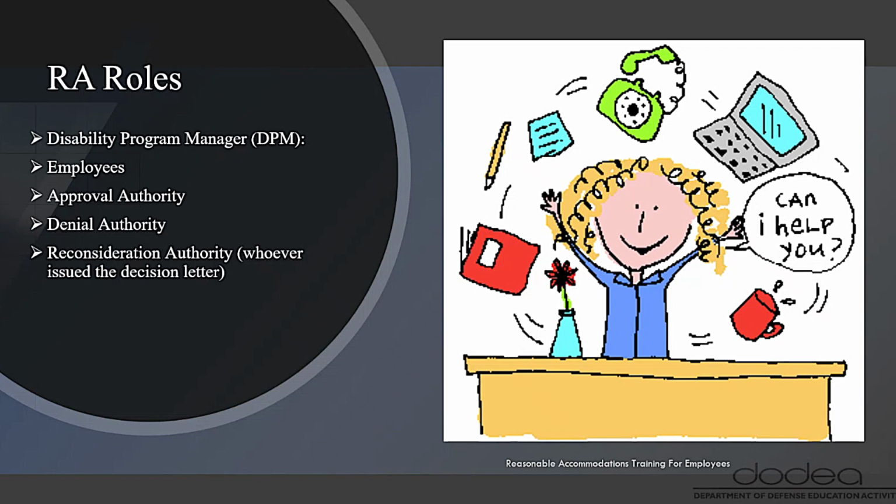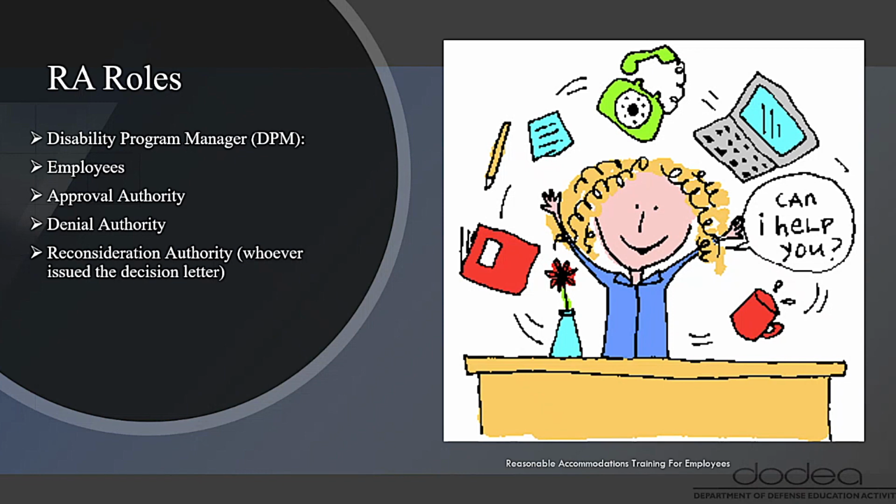They're also going to meet with your supervisor and give them a little bit of pre-meeting feedback in terms of ideas, in terms of what they may be able to offer you, right? Then after that pre-meeting, that's when you're going to have that interactive process discussion. The interactive process discussion is the opportunity for you to speak, for your approval authority, whoever that is, to ask any pertinent questions about your limitations.